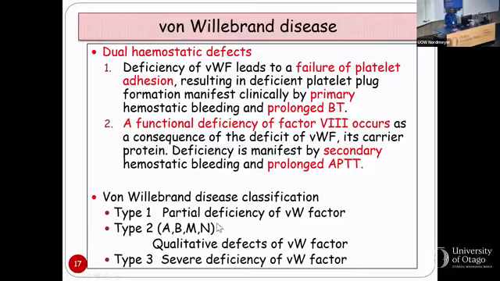And then for type 2, we apply some letters to reflect different forms of qualitative dysfunction. I'm sure you love that system. So quantitative defect, partial, type 1; really deep, type 3; and qualitative defects, type 2.